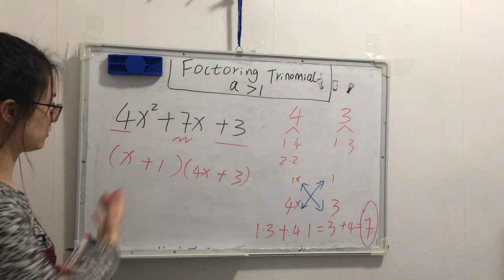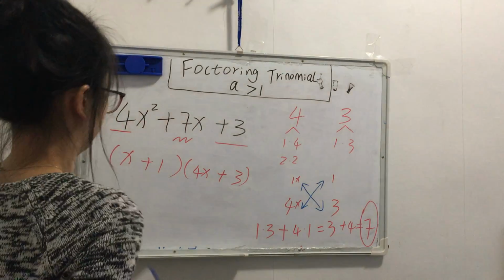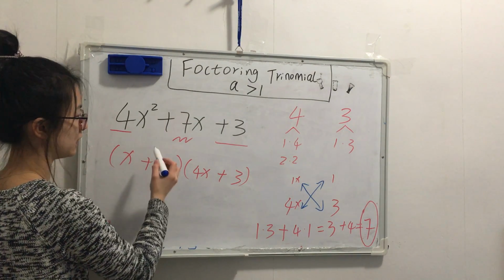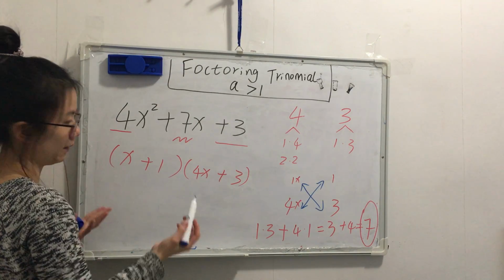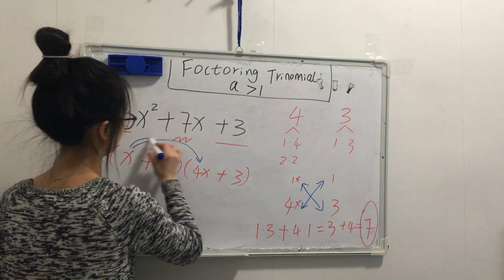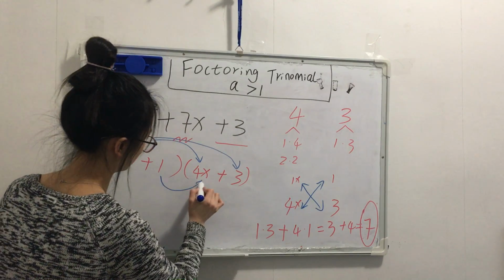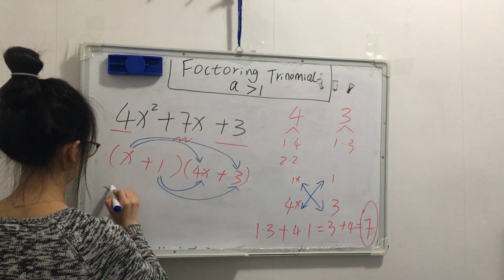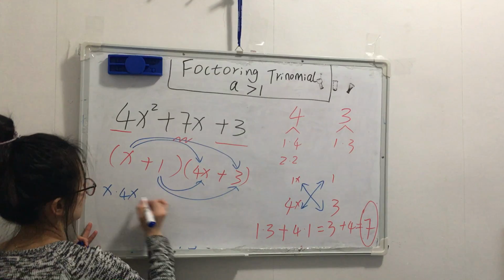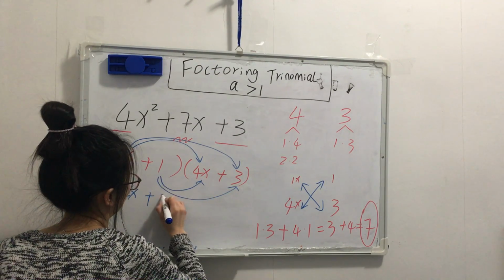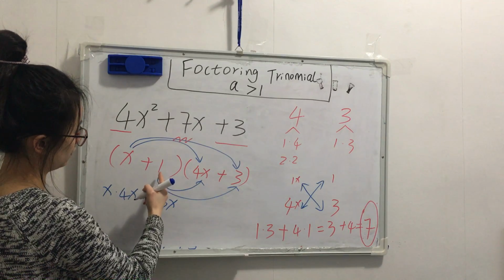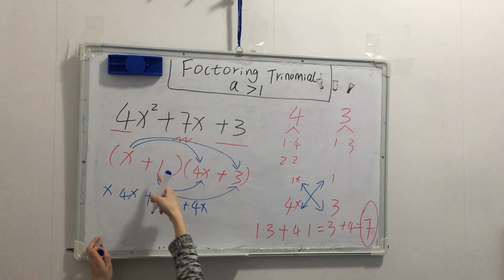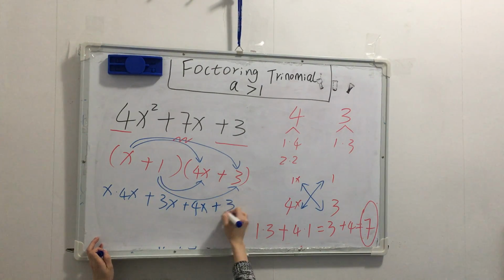Let's check to see if we have the correct answer. We can apply the distributive property, or what we call the FOIL method. Multiply the first terms, then the outer terms, then the inner terms, then the last terms. x times 4x is 4x squared, x times 3 is 3x, and then 1 times 4x is 4x, and 1 times 3 is 3.